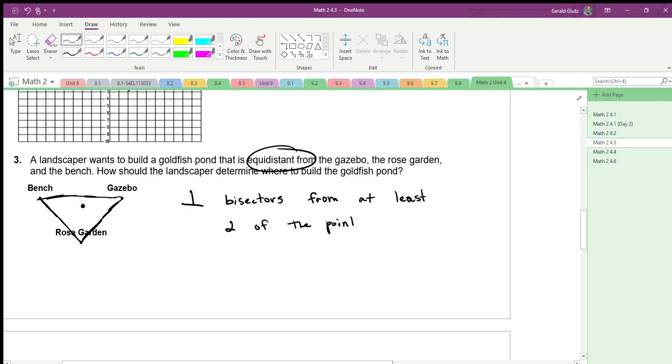Wherever those perpendicular bisectors meet, let's say right here and right here, that would be my point that is equidistant from each one. The third one would meet too, but we only need to do two.